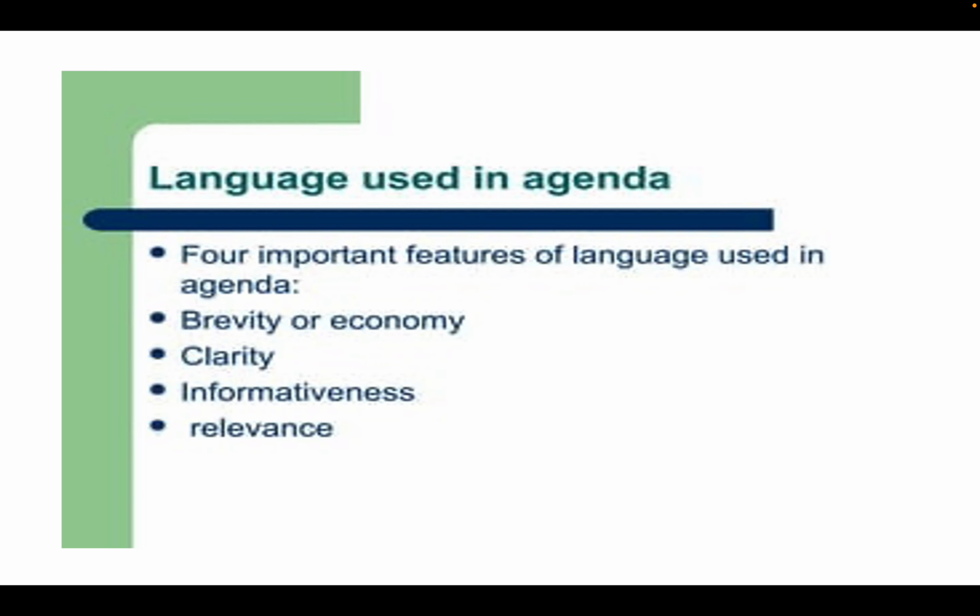What is much concerned in writing the agenda is the language used. The key features of language used in agenda are, one, brevity or economy, second, clarity, third, informativeness, and fourth, relevance.